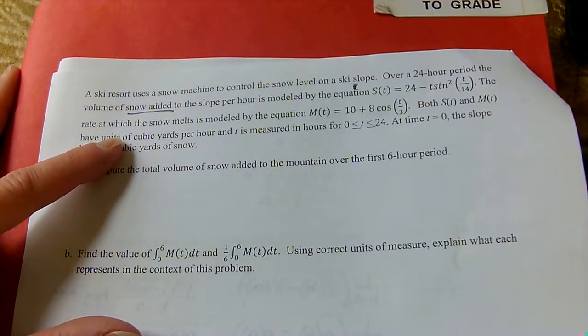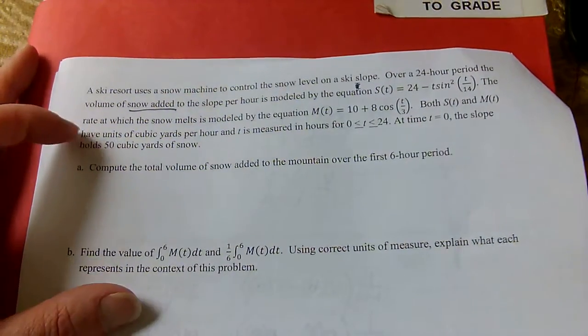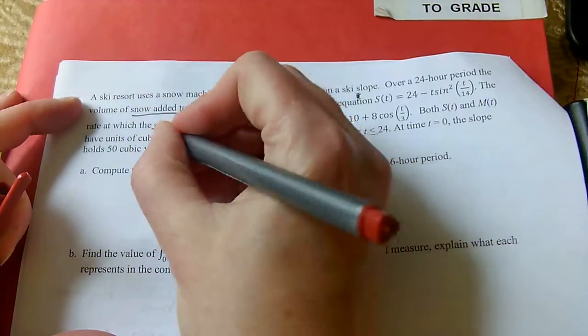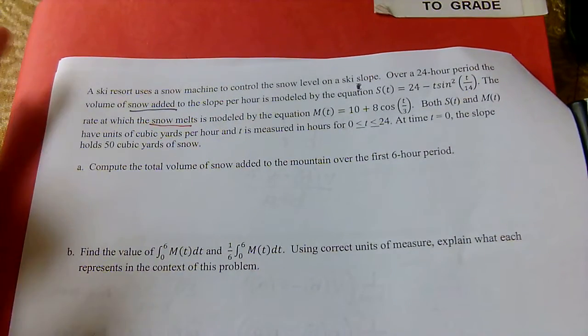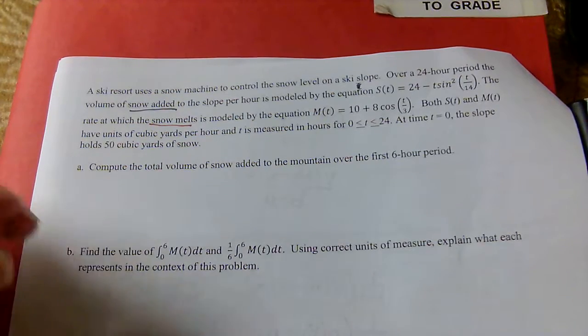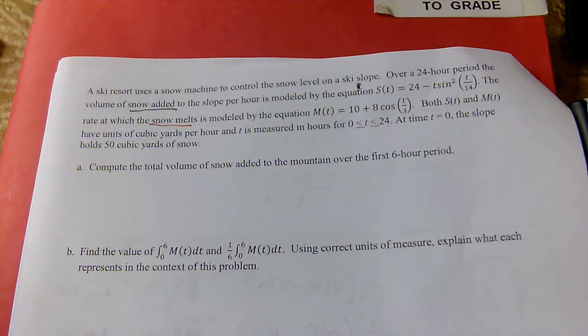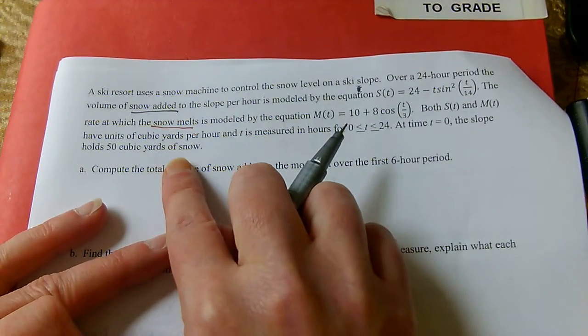The rate at which the snow melts, let's use a different color for that, is m of t. Both S of t and m of t have units of cubic yards per hour, and t is measured in hours from 0 to 24. At time 0, important information, the slope holds 50 cubic yards of snow.